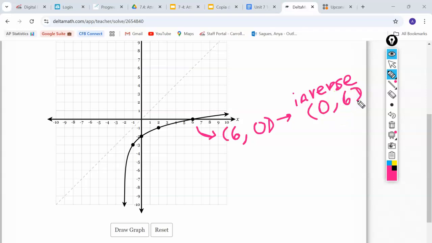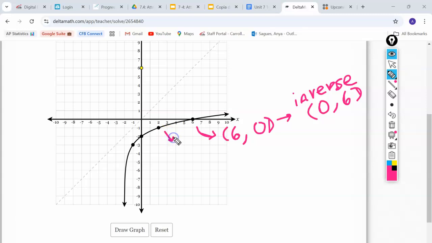By definition of an inverse, that's all we have to do. It's just that the x and the y values are switched. So I'm going to plot this point. So instead it's 0. So I move left or right, none. And then I go up 6. So that's 1 point. And then I do the same thing with all the other points.